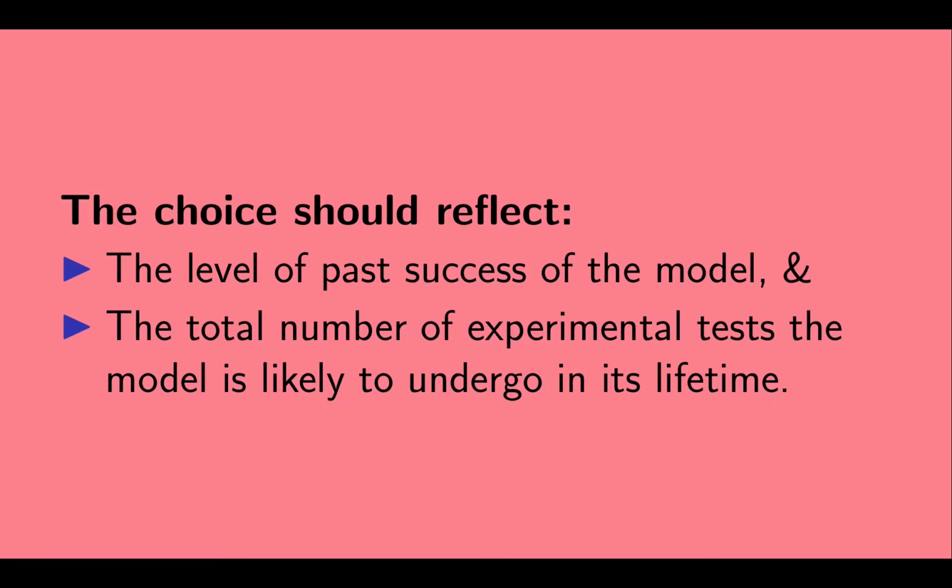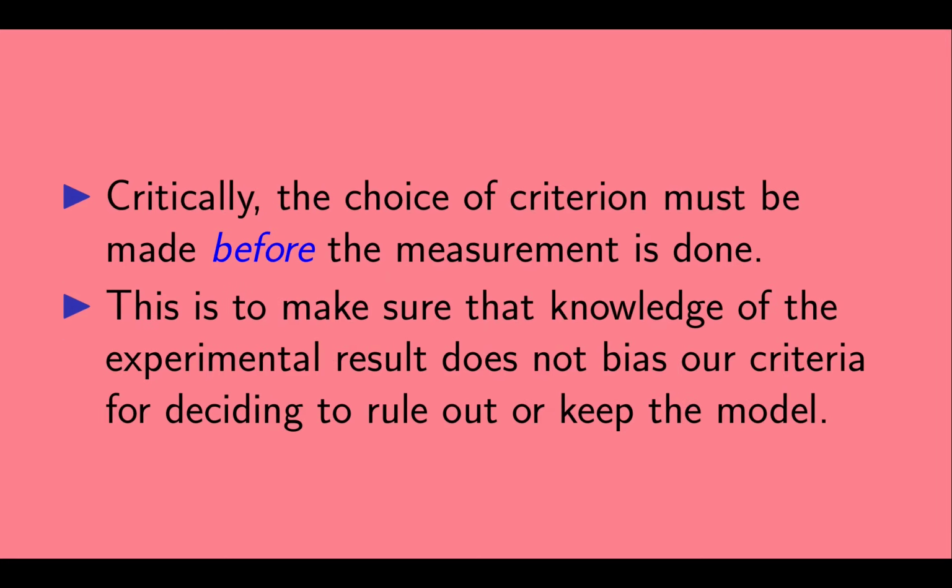The choice of criterion should reflect 1, the level of past experimental success of the model, and 2, the total number of experimental tests the model is likely to undergo in its lifetime. Critically, the choice of criterion must be made before the measurement is done. This is to make sure that knowledge of the experimental result does not bias our criteria for deciding to rule out or keep the model.